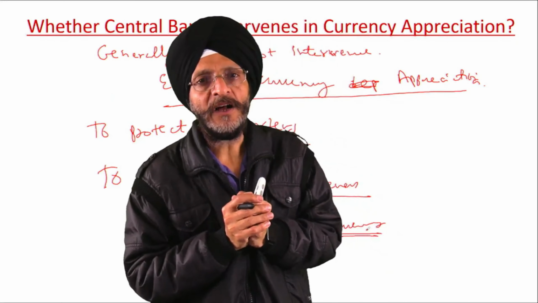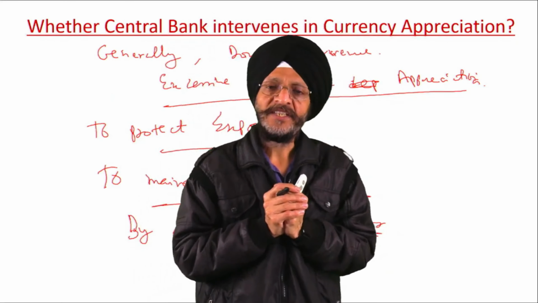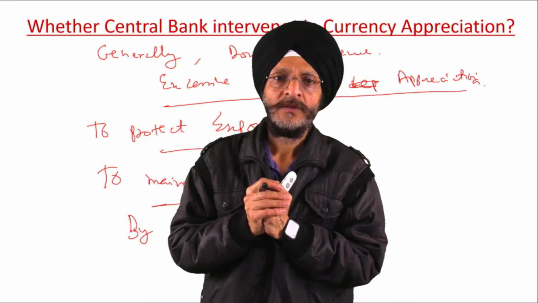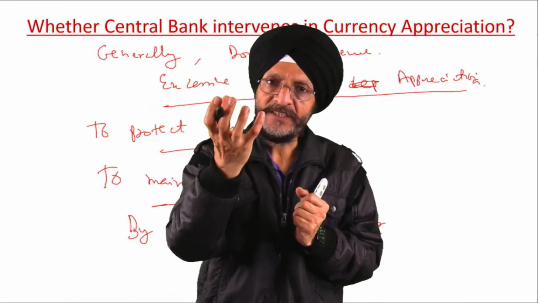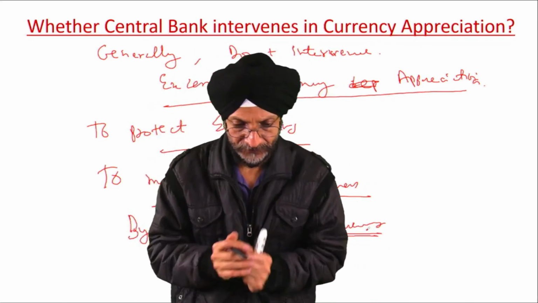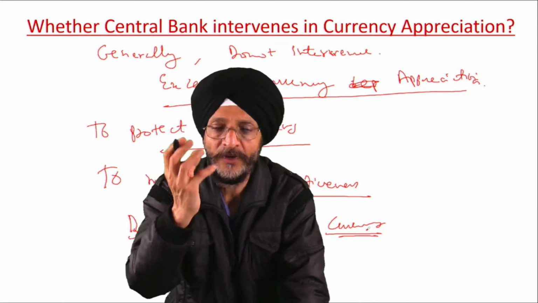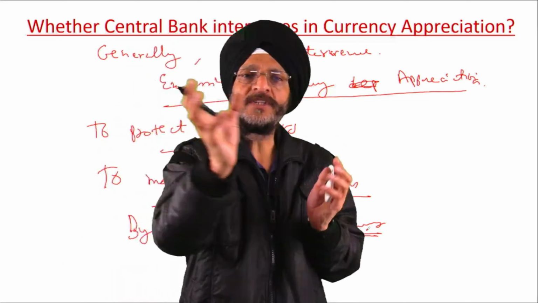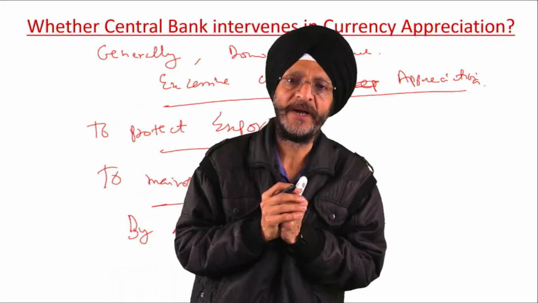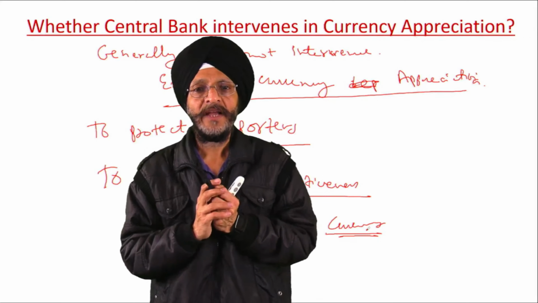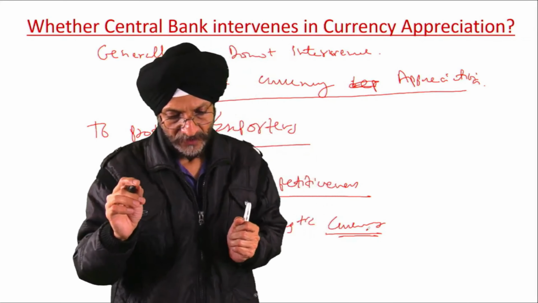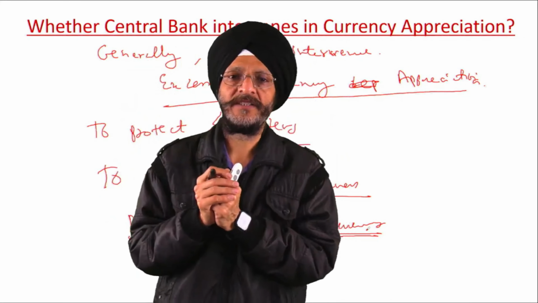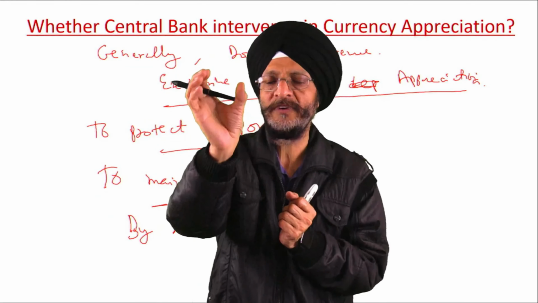The central bank may also purchase foreign exchange reserves. So when the central bank purchases foreign exchange, foreign currency is purchased by the central bank, it reduces the availability of foreign currency in the market, and it indirectly reduces the value of domestic currency, because the foreign currency becomes more valuable.